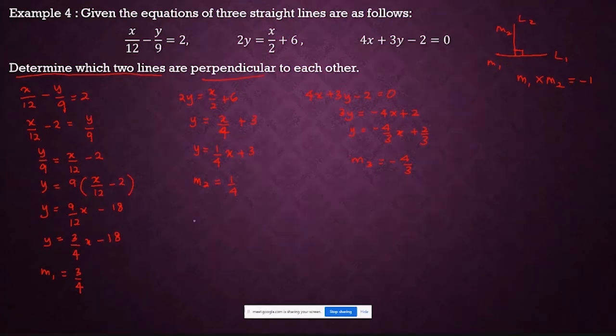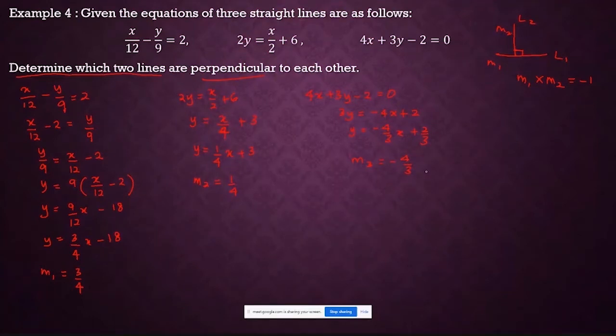For perpendicular lines, the relation is m1 times m2 equal to negative 1. Okay, if you see the pattern of the numbers, 3 over 4, then negative 4 over 3.